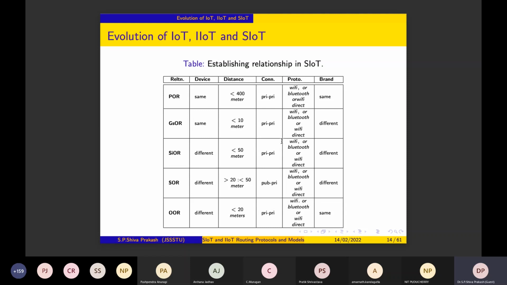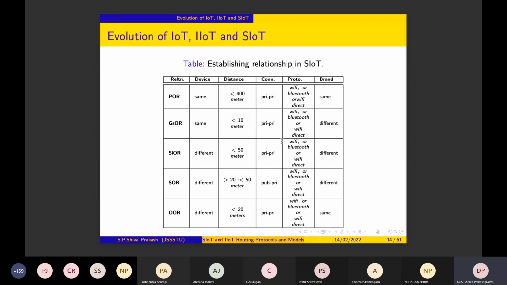Now, for a parent-object relationship, let's say: if the devices are the same, the distance is less than 400 meters, the connection is primary, the protocol could be Wi-Fi, Bluetooth, or Wi-Fi Direct, and the brand is the same, then we categorize that as a parent-object relationship.